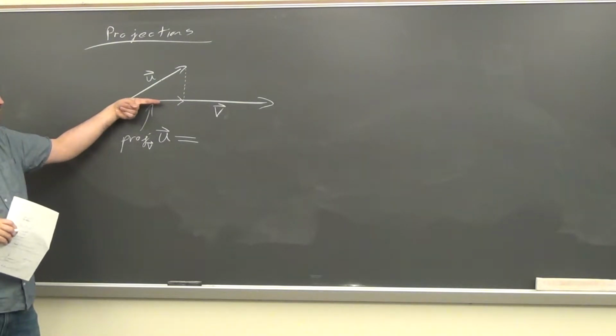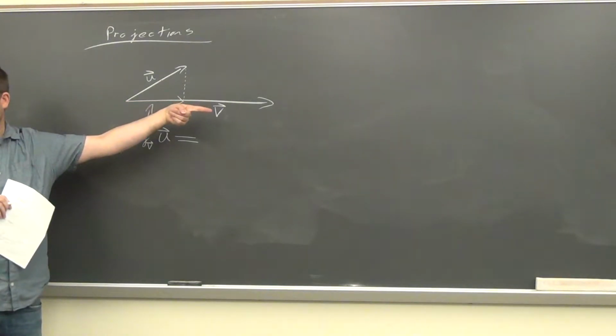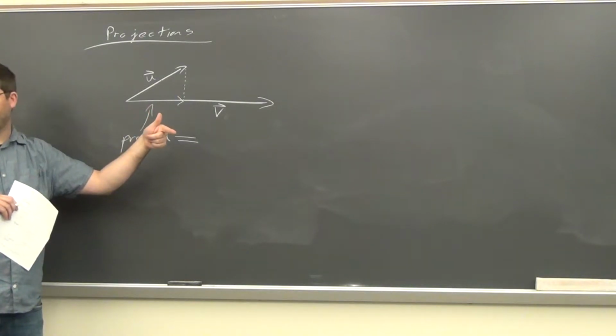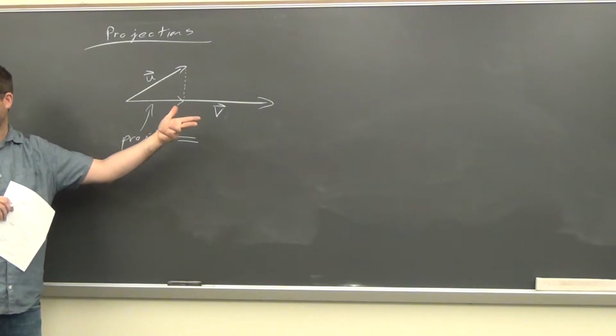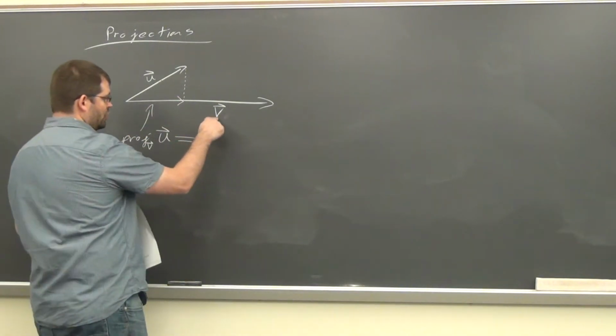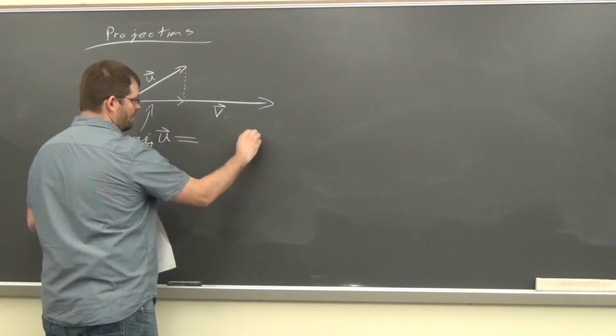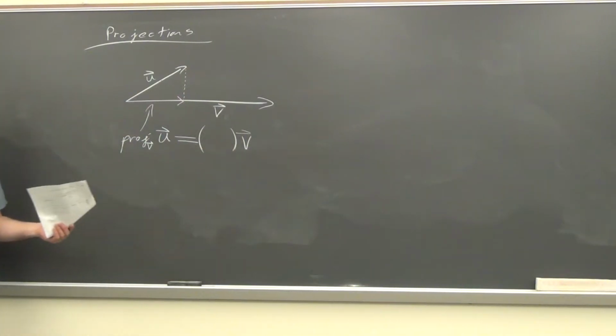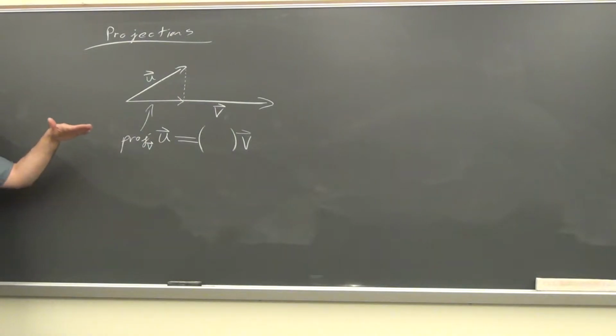The projection should be a vector in the same direction as v. So what do vectors in the direction of v look like? They're scalar multiples of a vector in that direction. So this thing should look like v times something, because it should be in that same direction.